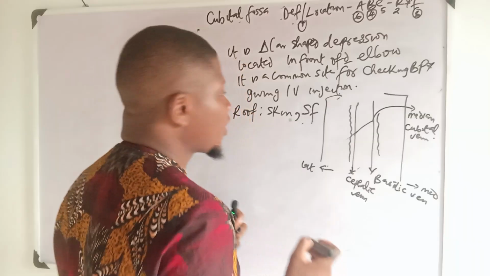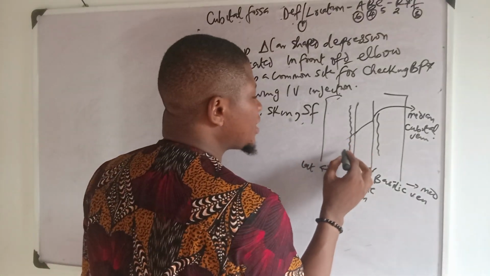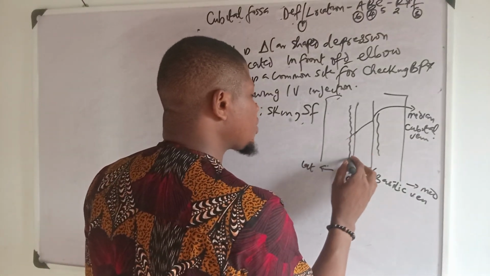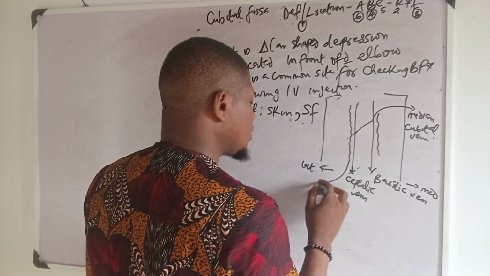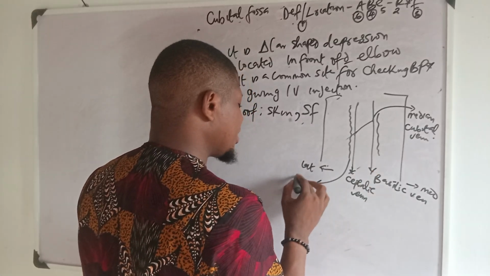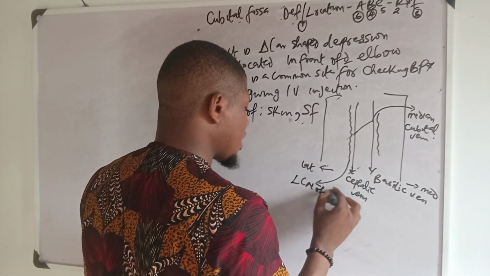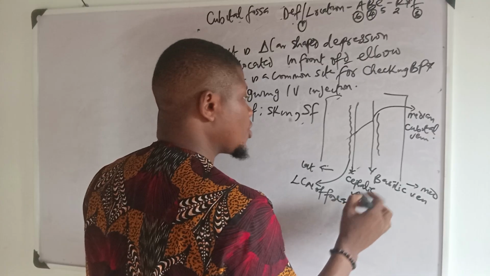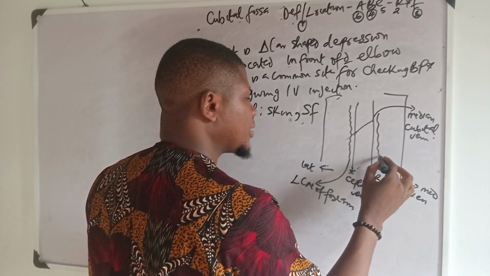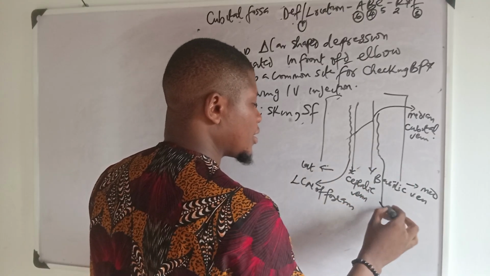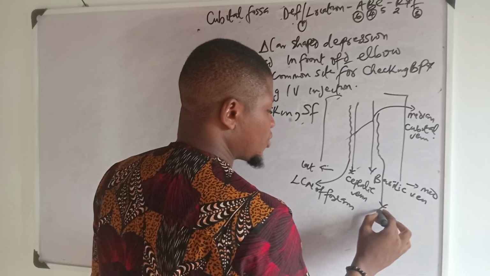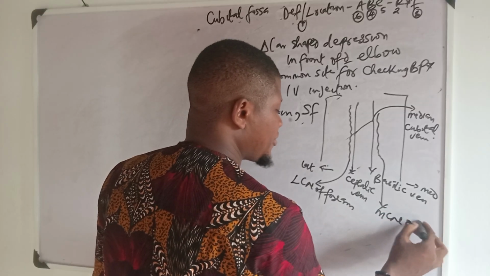Do you understand? Okay. Then what are the nerves that accompany these two veins? This one that accompanies cephalic vein is called lateral cutaneous nerve of forearm, while this one accompanying basilic vein is the medial cutaneous nerve of forearm.